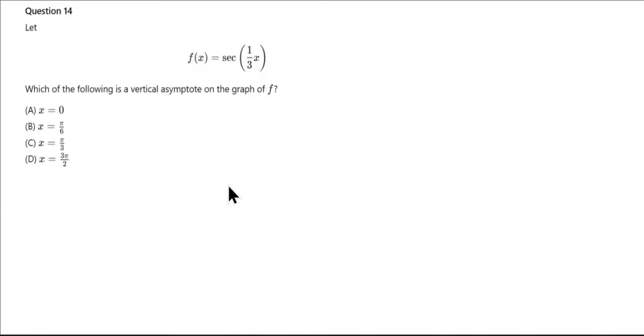Okay. Well, secant question. We already talked about this in a way, because we talked about tangent, and the conditions for secant and tangent are the same for the vertical asymptote. The condition for the vertical asymptote was that the inside thing should be equal to pi over 2 plus k pi.